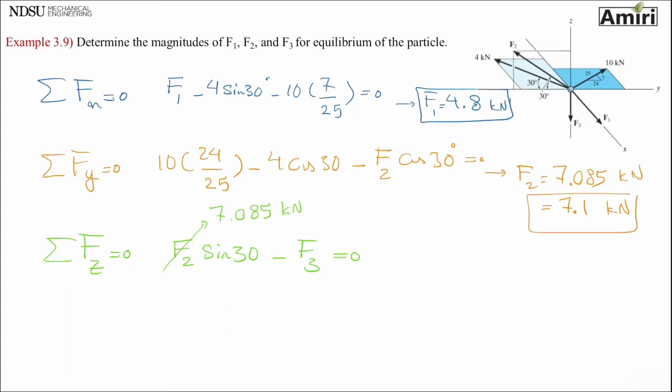And I said put the actual value, not the rounded value. And we get F3 equals 3.543 kilonewton, or 3.54 with 3 significant figures. Okay, this was an easy problem, but it was more for practice. It kind of reminds you of what you did in previous chapters, Chapter 2, when it comes to solving the problems.